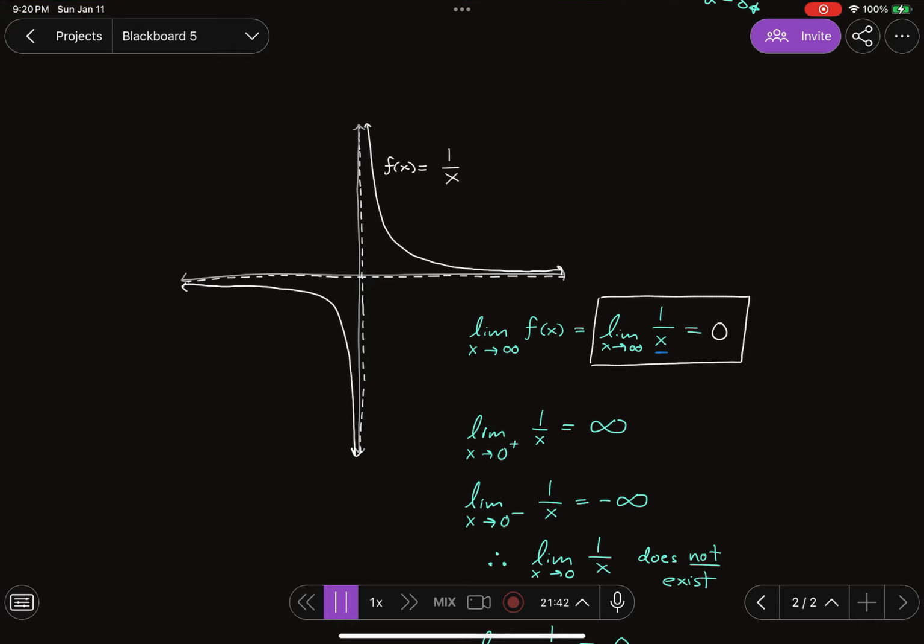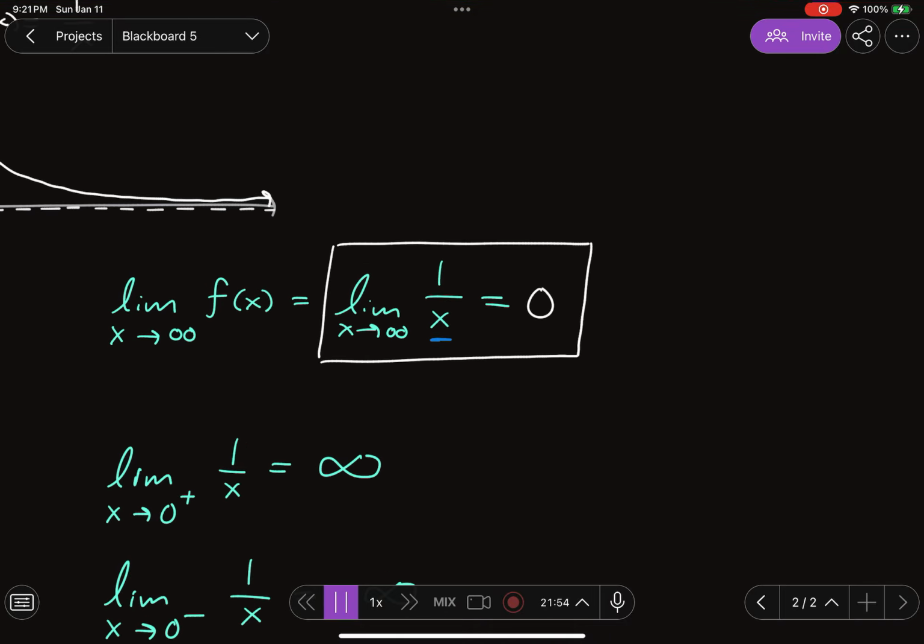Related limits that we have to know. I hate being this mathematician that just states things without proving them, but I'm going to be that mathematician. Other really important limits. The limit as x approaches infinity of 1 over x to the n is equal to 0 for any natural number n.